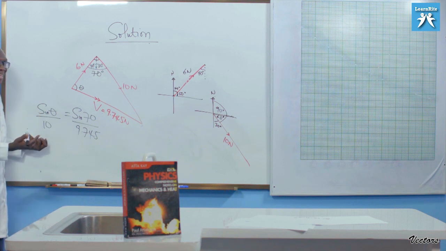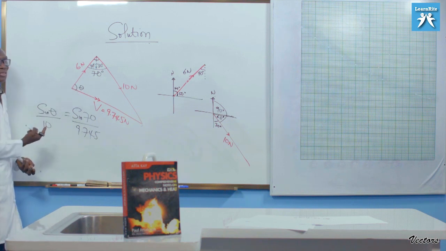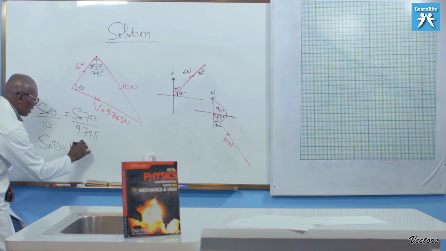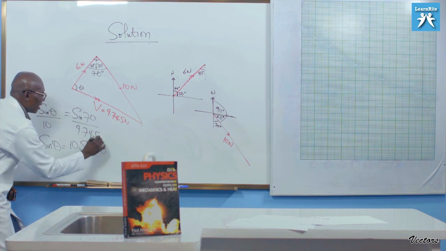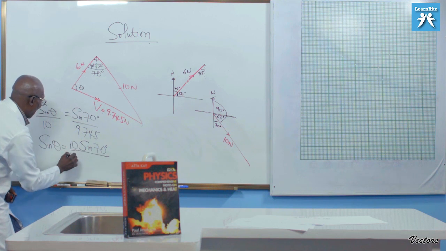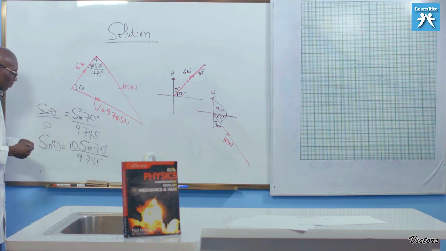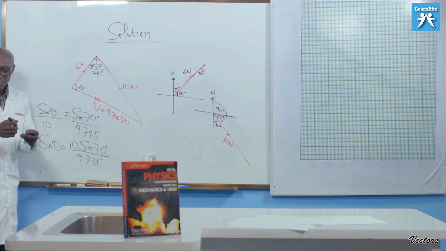That will help us find this angle theta. And so sine theta will simply be 10 multiplying sine 70 degrees, divided by 9.745. Students, let's go here.